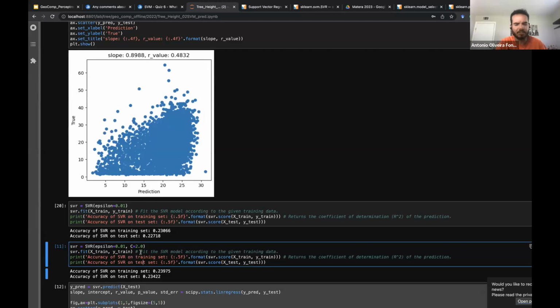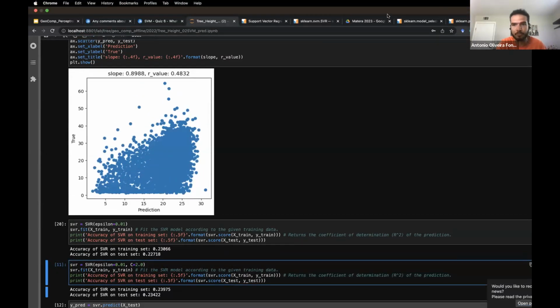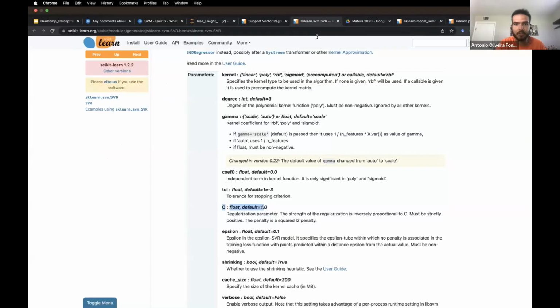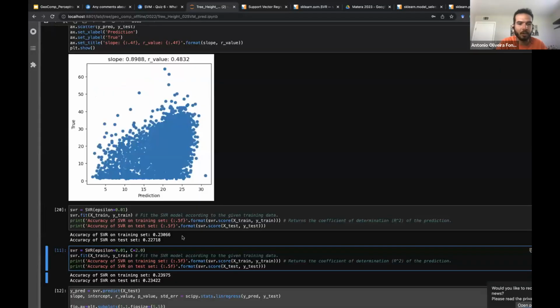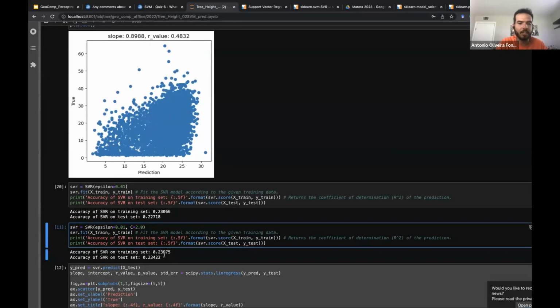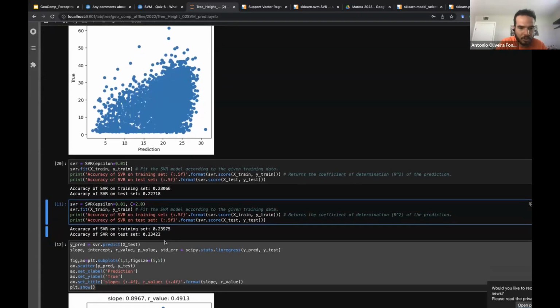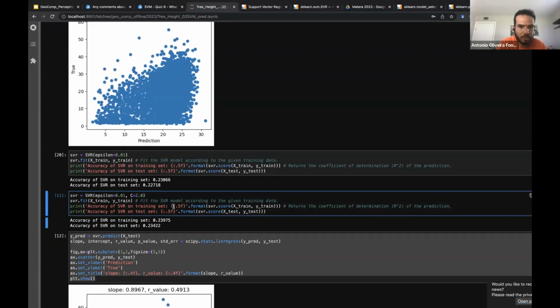Now we are doubling the C. I'm not going to run this because it's going to take a while, but keep this number in mind and then we see what changed. You see this is 0.23 now. So finally we managed to get a small improvement by increasing the C.